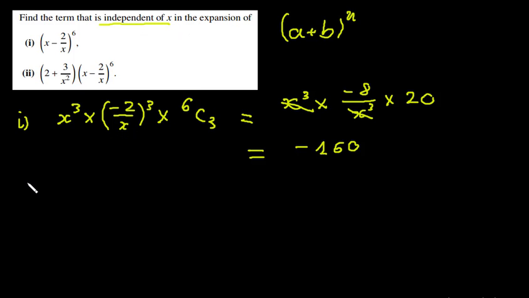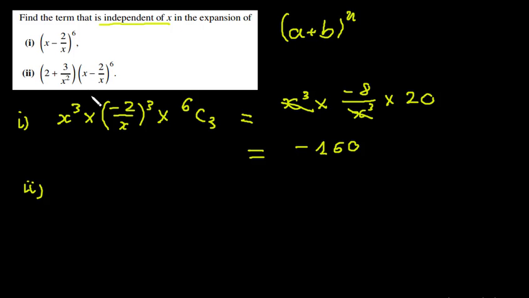And now move on to the next question. This one is quite complicated to work with. First, you see 2 in here, so 2 will multiply with the term which is independent of x. So we have a part of the independent of x term, but here you can see a 3 over x squared.